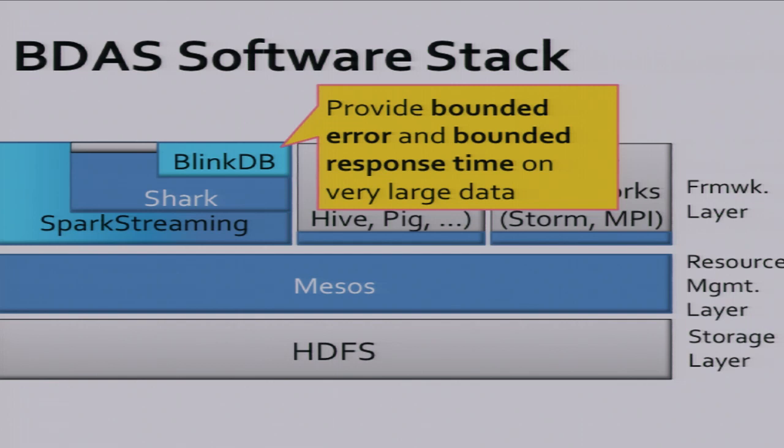And this is one of the first frameworks which tries to enable users to navigate the trade-off between the cost, the quality of the answer, and the accuracy of the answer, the trade-off that Mike was talking about. Fundamentally, BlinkDB will allow the user to specify an error bound, and the system will return an answer as fast as possible, or to specify the time, and the system will provide an answer with the best error bound it can.